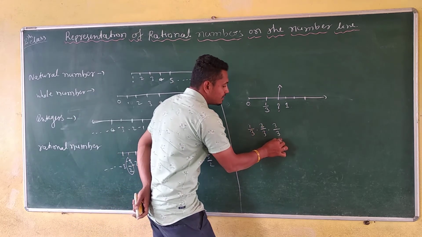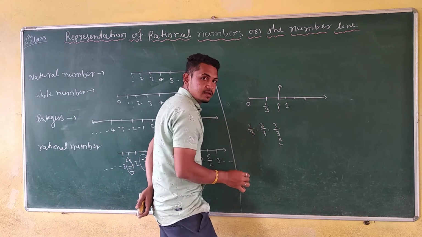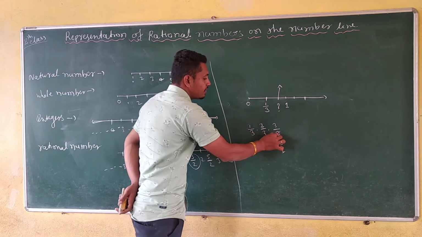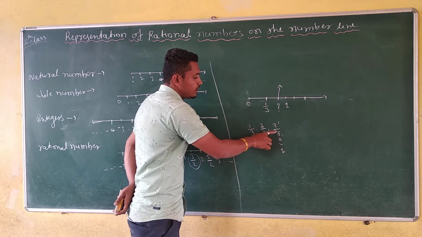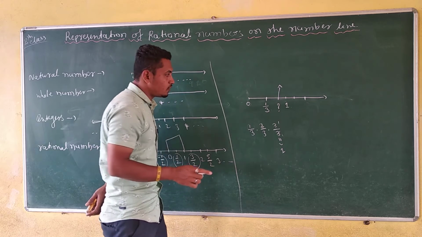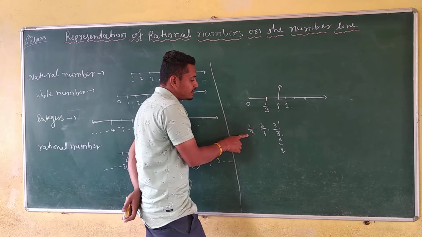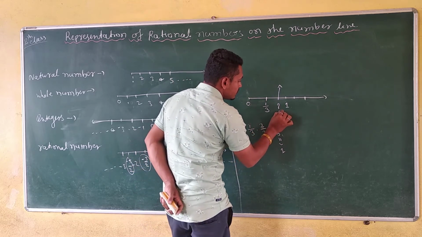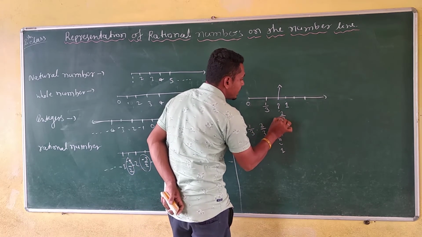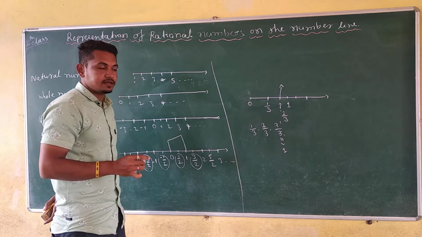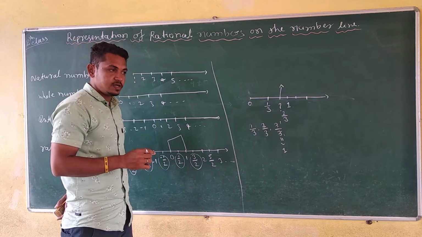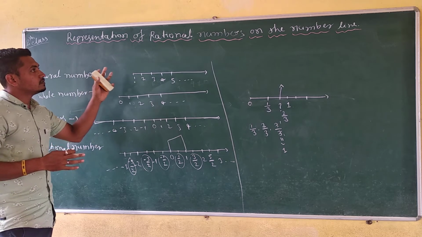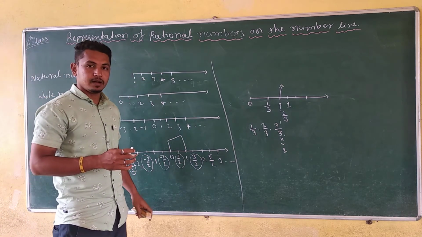So 3 divided by 3 is equal to 1, since 3 ones are 3. So here 1 divided by 3, and then which number? You have to write here 2 divided by 3. Like that you have to represent the rational number on the number line.